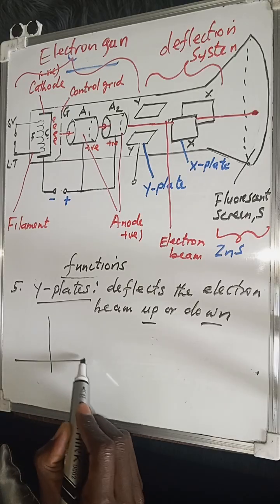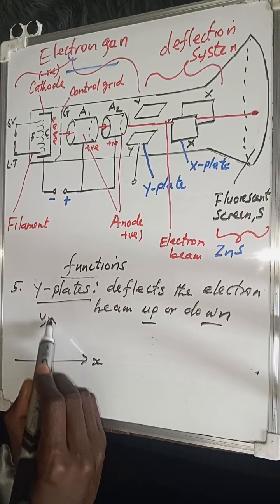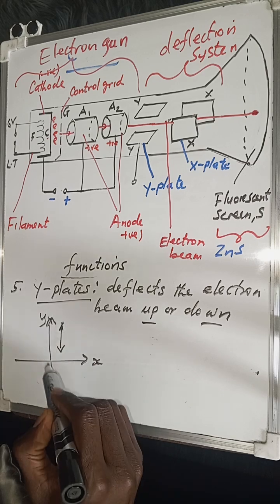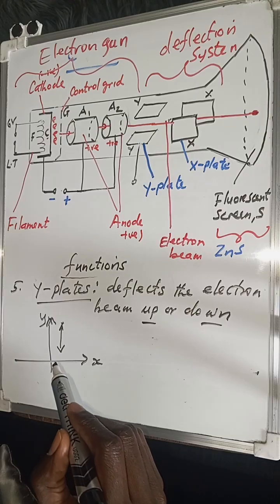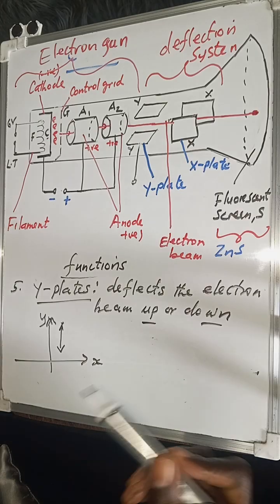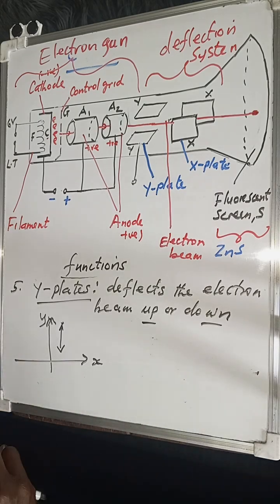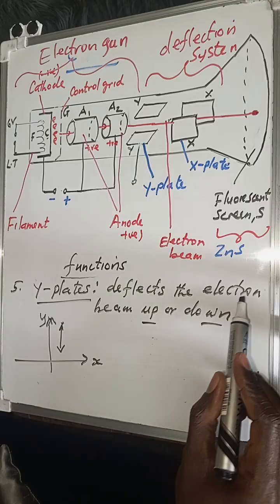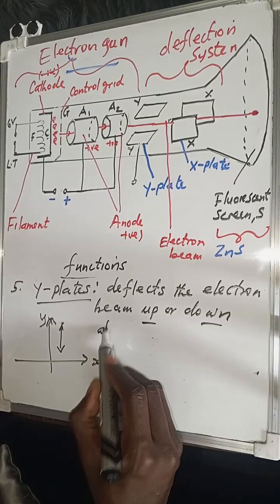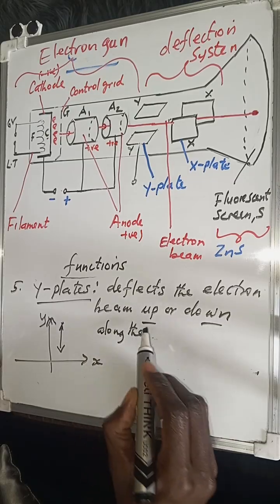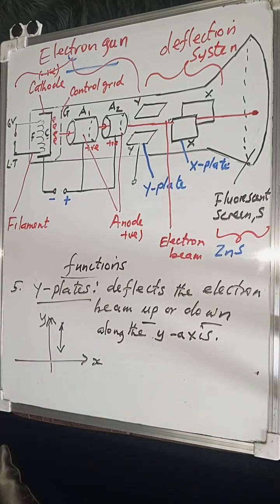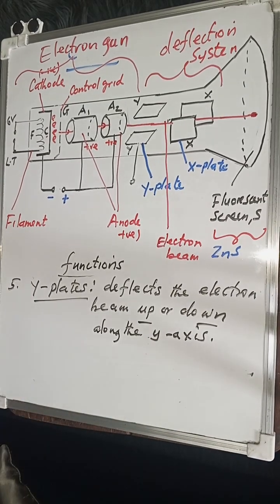Remember, you have the x and y-axis, so the Y plate behaves like the y-axis, where the electron beam can be deflected either up or down. So it deflects the electron beam up or down along the y-axis. That is what is going to be happening.